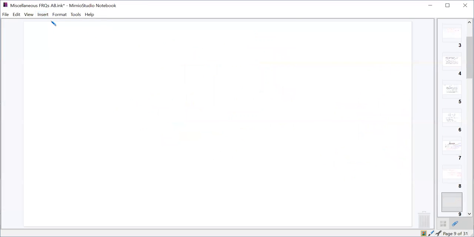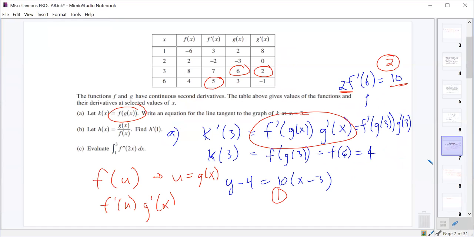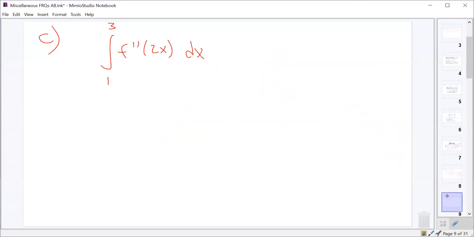All right, part C, I believe, was the integral from 1 to 3 of f double prime of 2x. That's right, yeah. So if this was just f double prime of x, it'd just be f prime evaluated from 1 to 3, but it's not, it's f double prime of 2x. And so in order to do that, we've got to let u equal 2x, which makes du 2 dx.